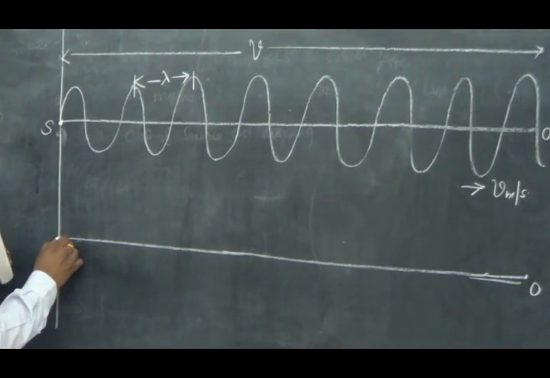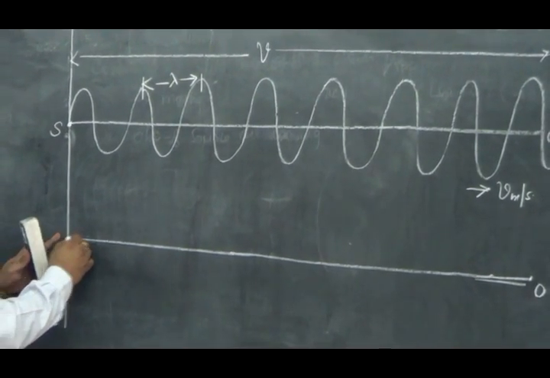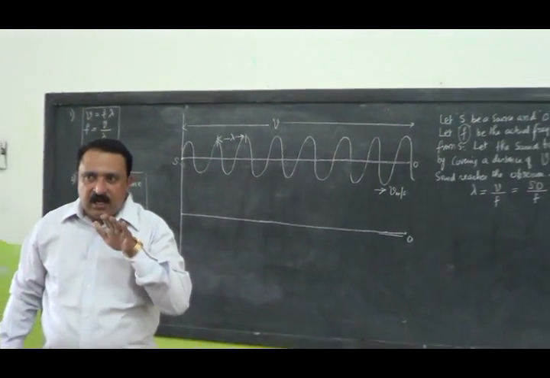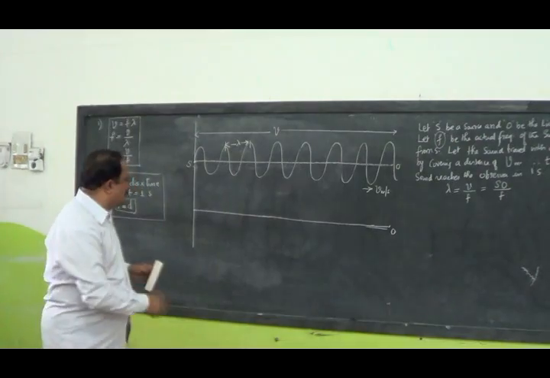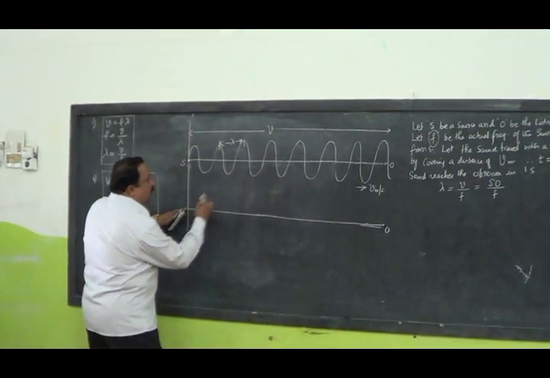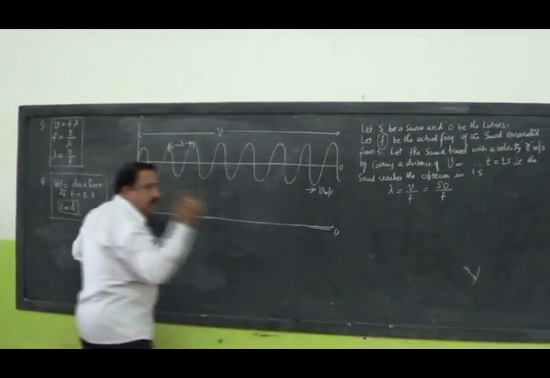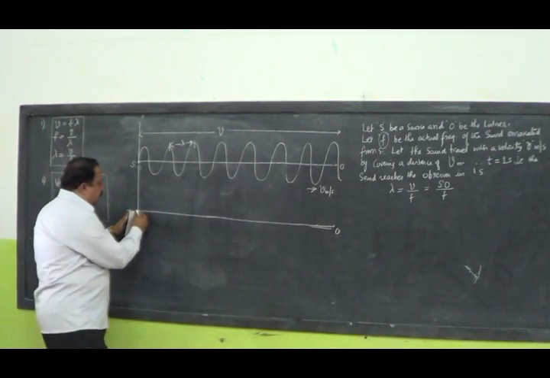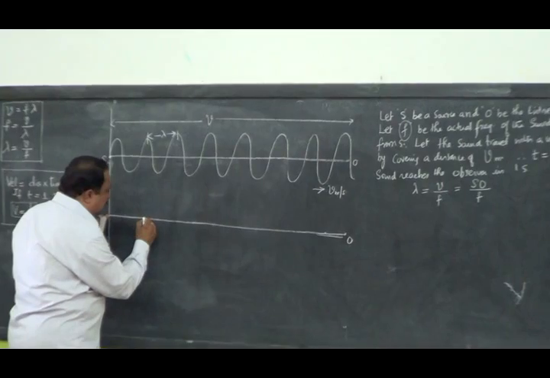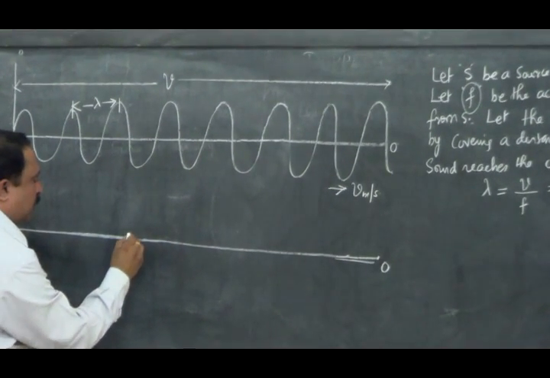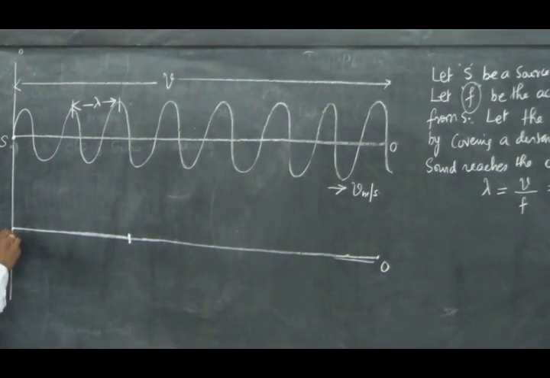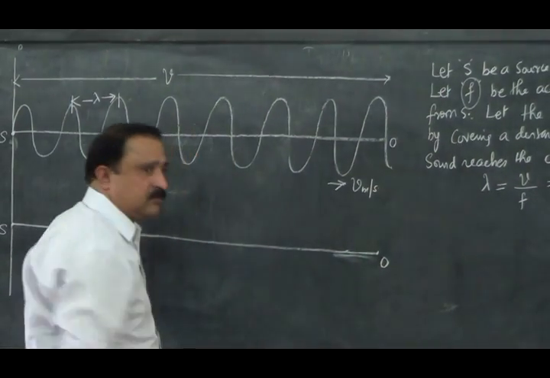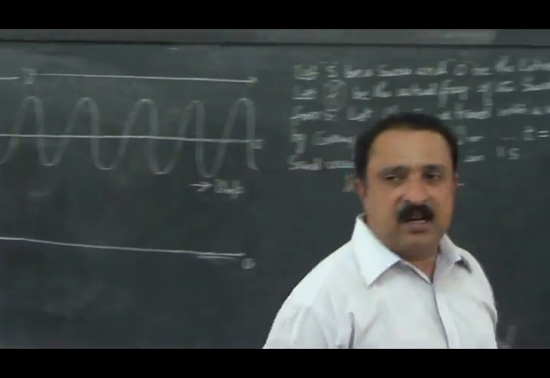And in 1 second, it has already travelled some distance. It has blown the horn and it has started moving. So, how much time do you take to listen to that sound? 1 second. In 1 second, the train has started coming towards you. So let it come to this new position. Let's call it S dash. And you are here now.